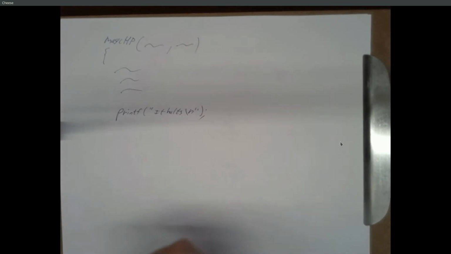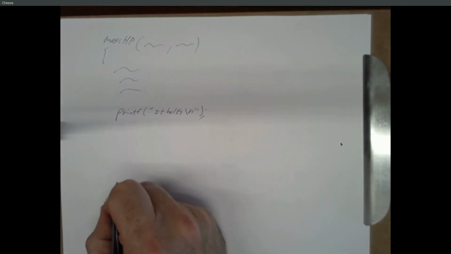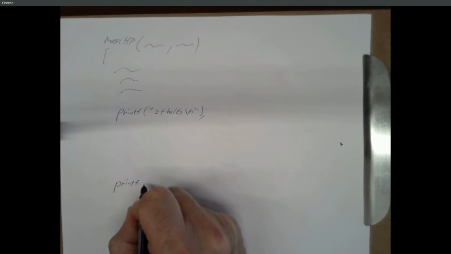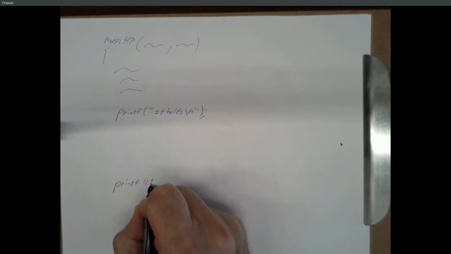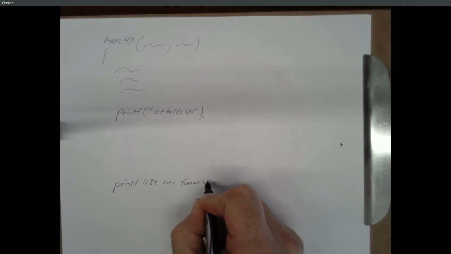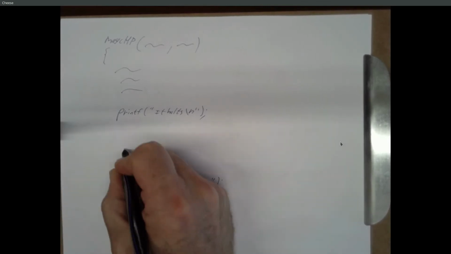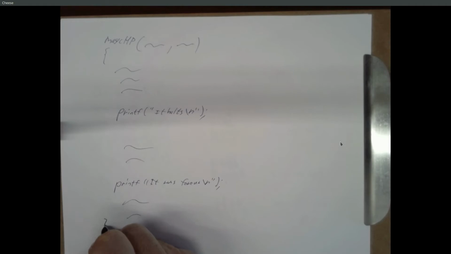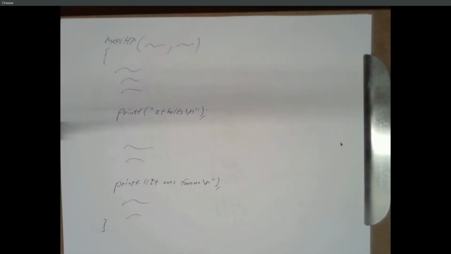And somewhere else in the code, there's some logic that concludes with it printing out the statement, it runs forever. And there's other stuff in here, and there's the end of your program. We can assume it's just one big main program, no modularization anywhere, right? So just a big program.